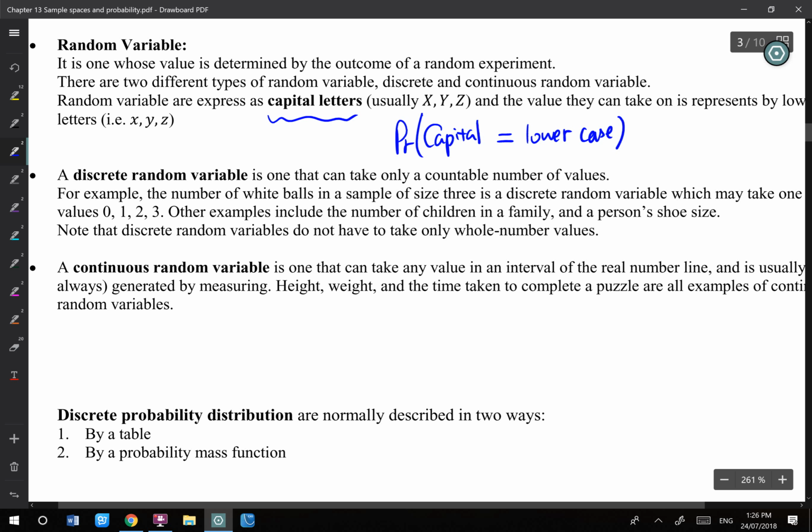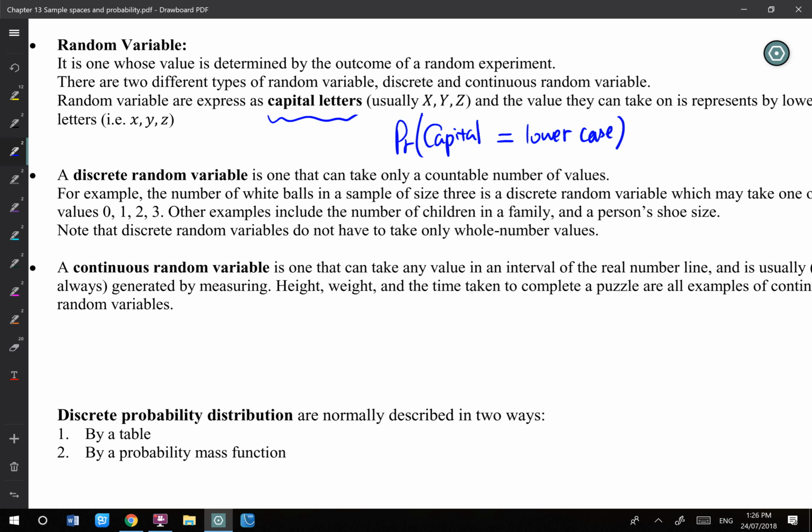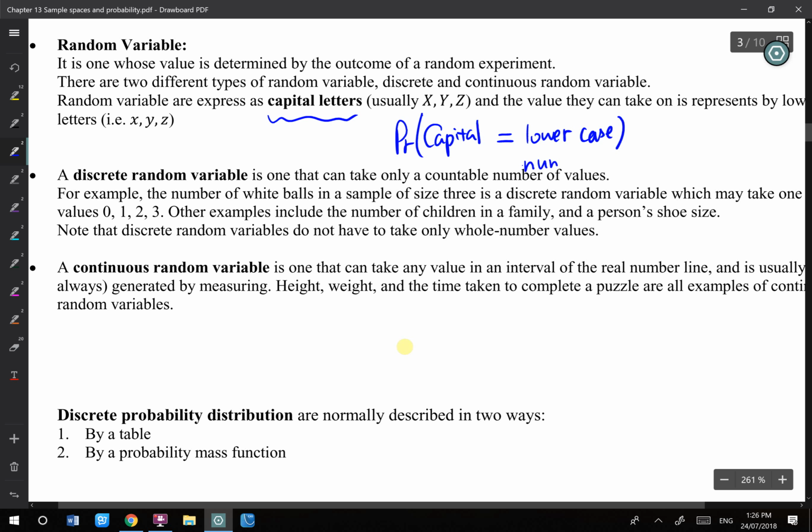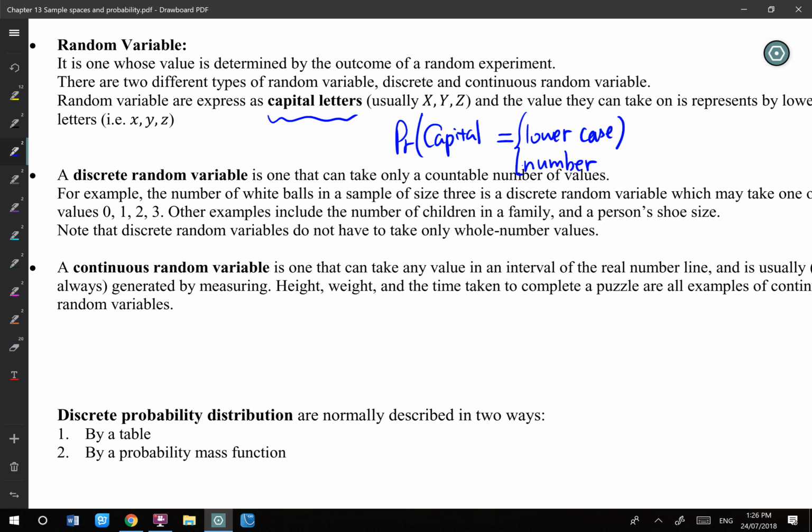So it must be capital X equals lowercase x, or capital X equals a number. That will be the notation. You must use capital X to represent a random variable. Every time we define things, you need to define them with capital letters. That's just a notation thing.